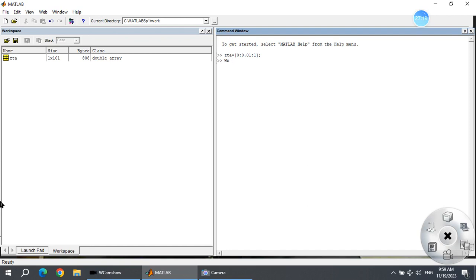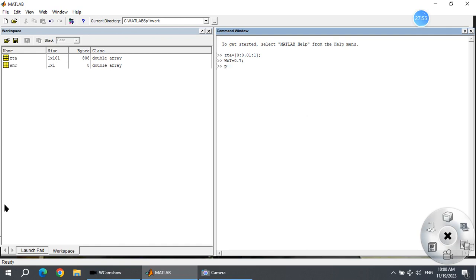I fix this, for example, at 0.4. Somewhat large, usually we use 0.7. Okay, this is omega.